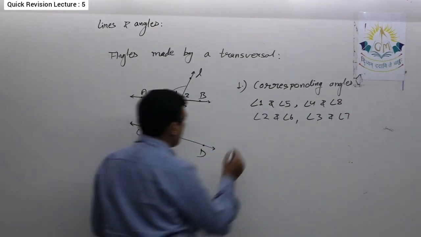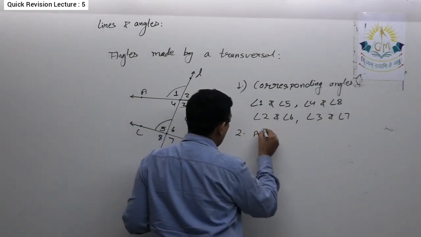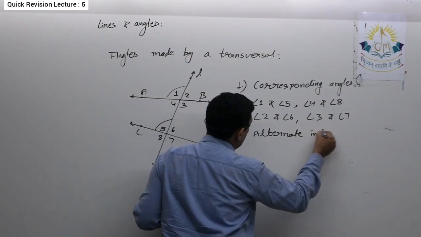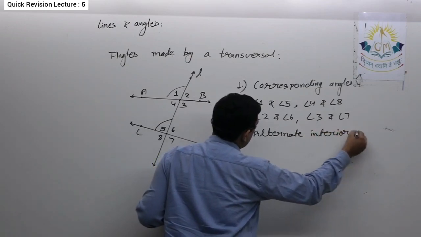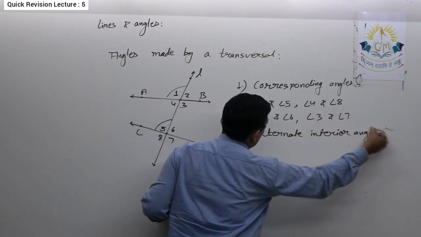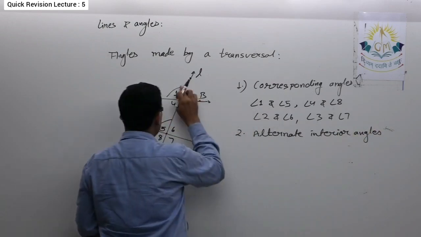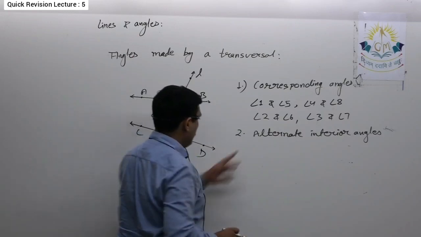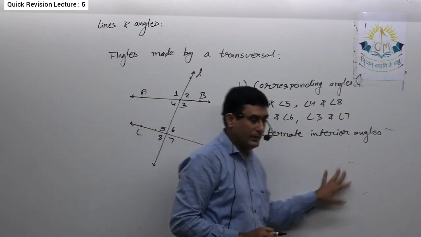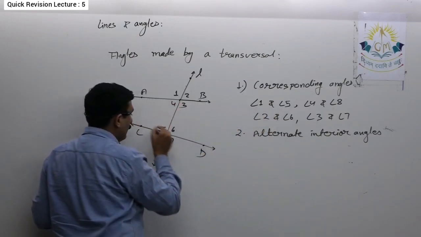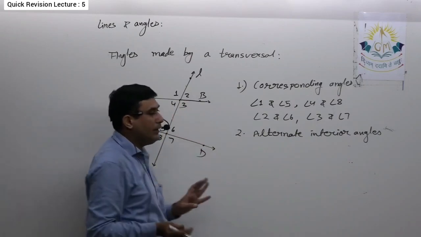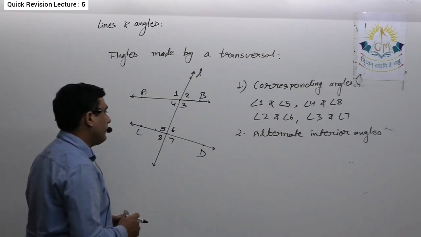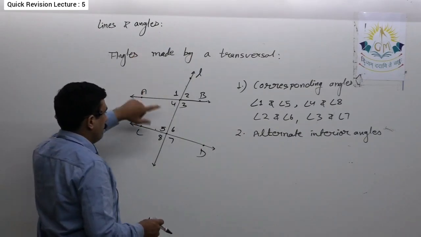Now next is alternate interior angles. Its name itself says it is alternate as well as interior. So these are the interior angles, and alternate means if we take one angle from the left hand side, another angle we should take from the right hand side of the transversal.